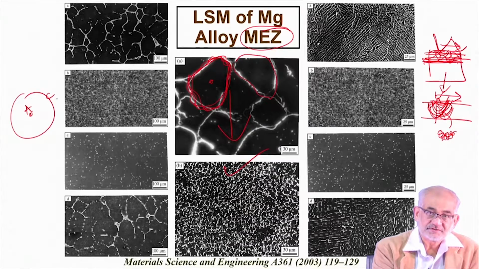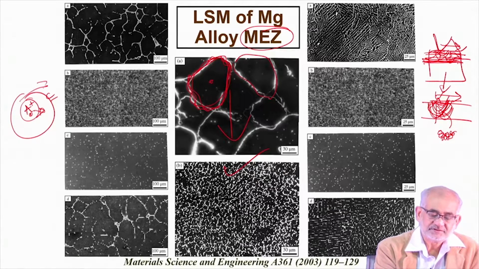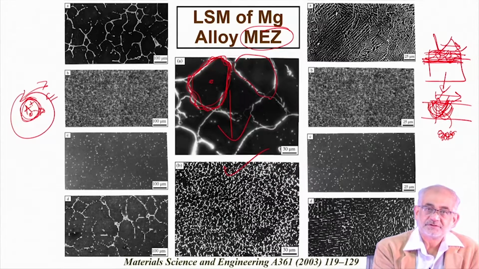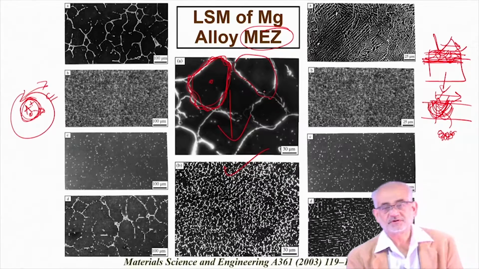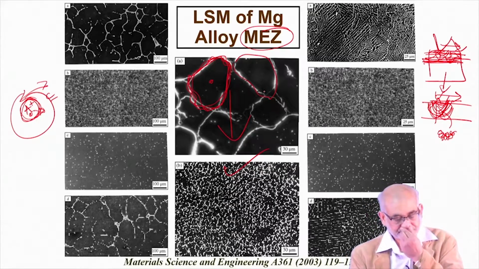So you easily create a core which is anodic and a surface which is cathodic. As a result, there will be easy oxidation of this core, and because of this, you will create a galvanic cell between these two regions of the microstructure, and there will be easy corrosion happening. There will be dissolution of cations from the core, and the material will undergo heavy degradation.